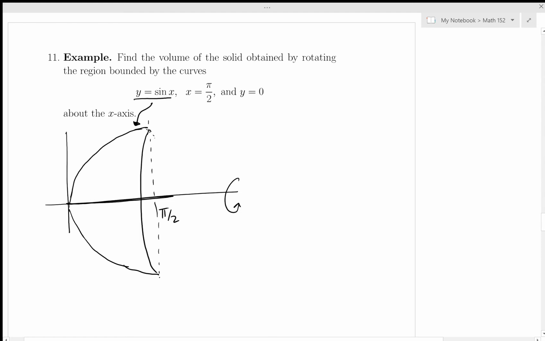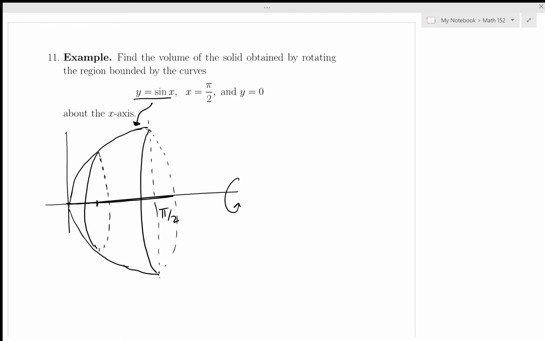Maybe I'll even draw another one of the cross sections in here. Were I to cut it at this point right here, I would see a circular cross section. So I'm asking, what is the volume of this thing, which basically looks like a solid bowl tipped on its side.